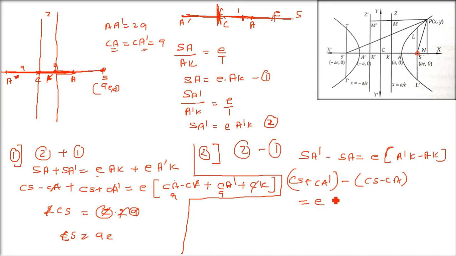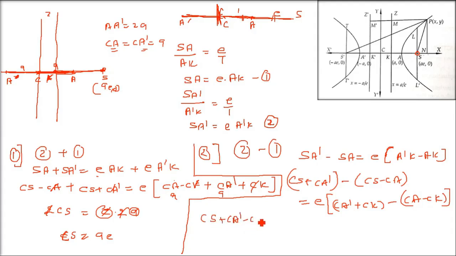E, A dash K was what? A dash K was CA dash plus CK, so just write CA dash plus CK. I'm just taking what we have done in the first part, so I'm just taking it here. Minus, what was AK? AK was CA minus CK, just write it here. Okay, now expand it, means open the brackets.